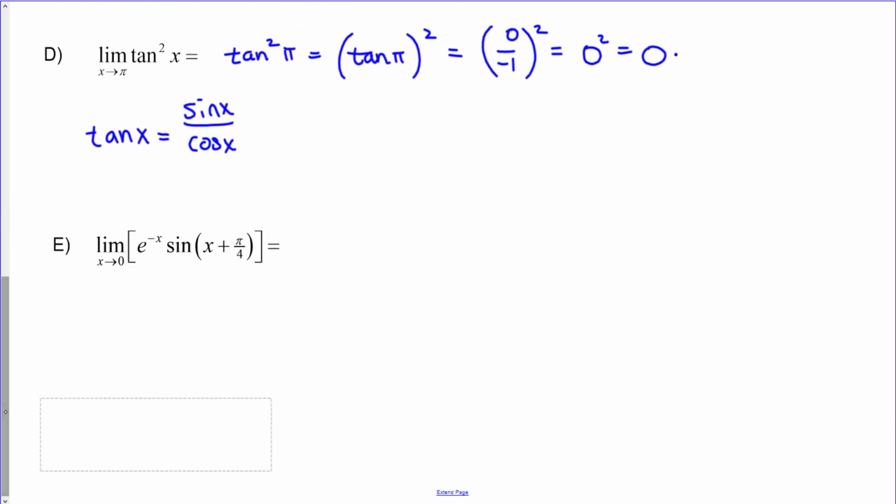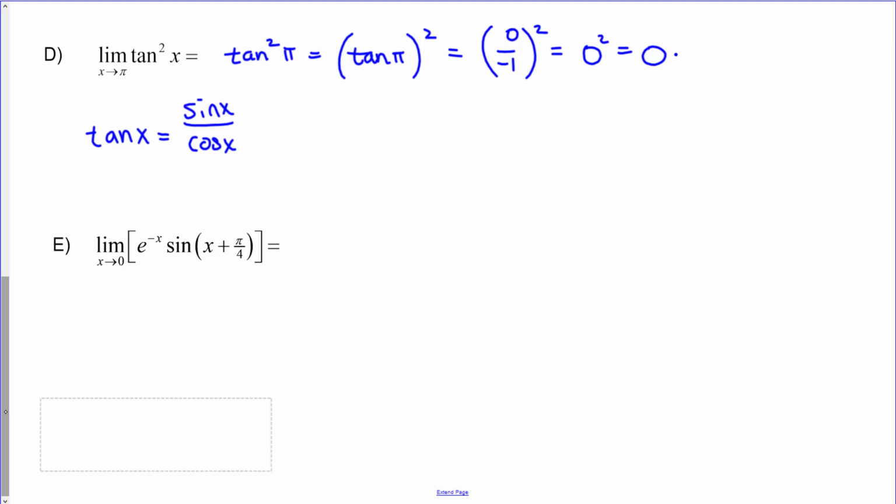Next up, the limit as x approaches 0 of e to the negative x times the sine of x plus pi over 4. It probably looks intimidating, but as long as these are continuous, you don't have to do anything all that difficult. And if you happen to be unsure of how these properties work out, if you have your calculator available to you, then just use a table.